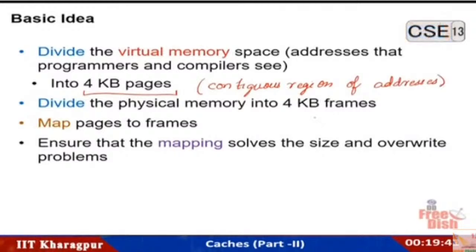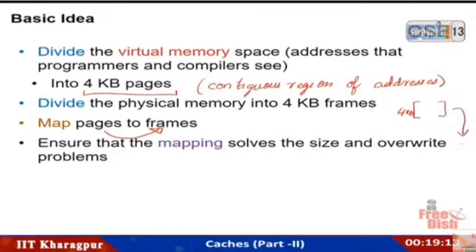Similarly, we divide the physical memory space into 4 kilobyte frames. So the entire physical memory space is divided into 4 KB frames. And so virtual memory is divided into pages, physical memory into frames. We just need to map pages to frames. So basically the program is using a 4 KB region of memory.